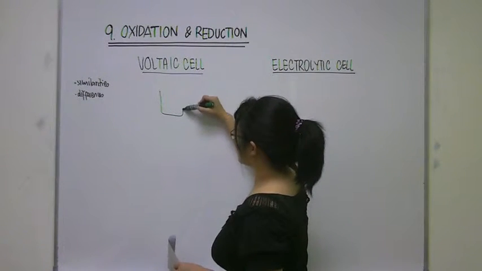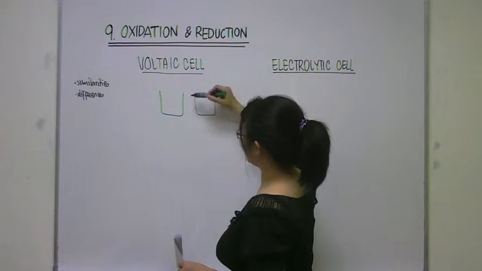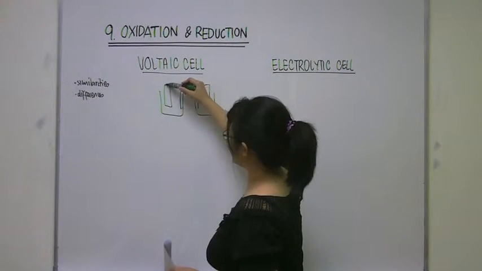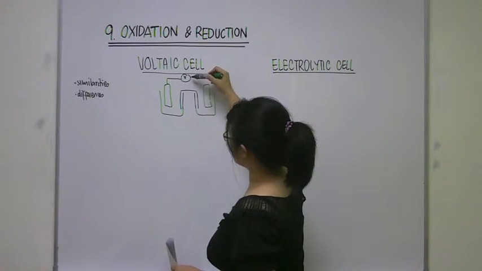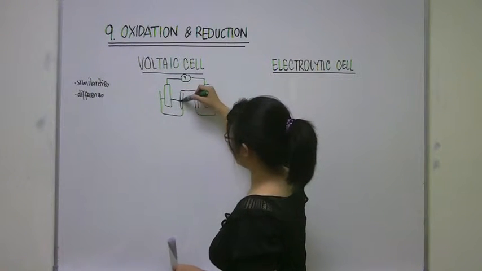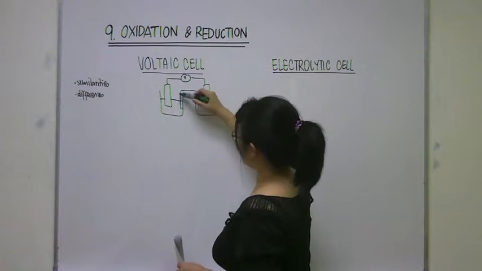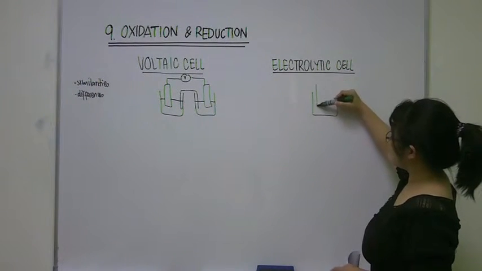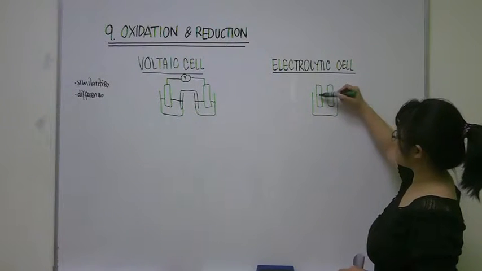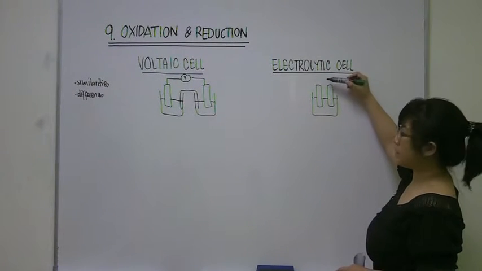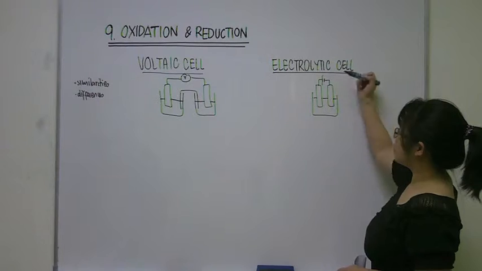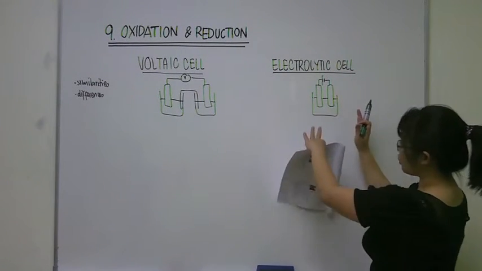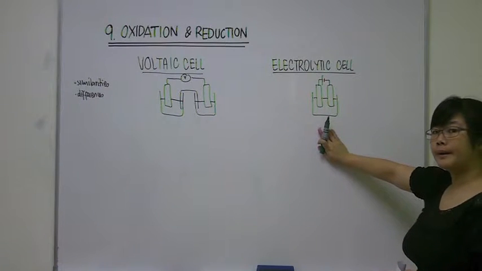For example, a voltaic cell will usually involve two different beakers or containers attached to a voltmeter, and there is a salt bridge. In an electrolytic cell, you also have two electrodes, but it will be connected to a battery instead of a voltmeter, and usually it's contained in one beaker.